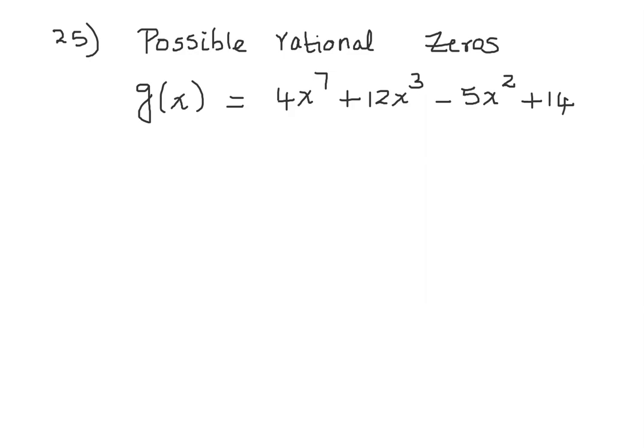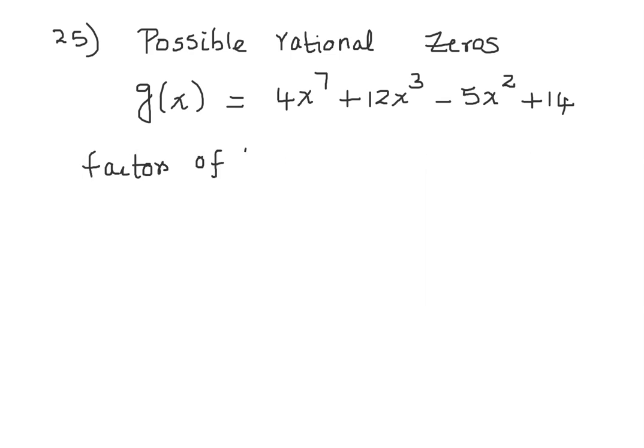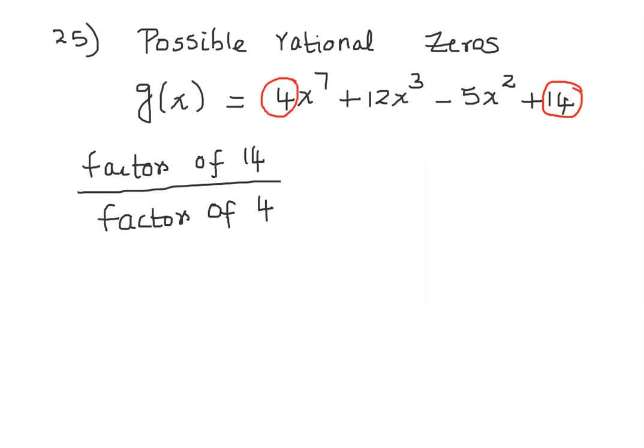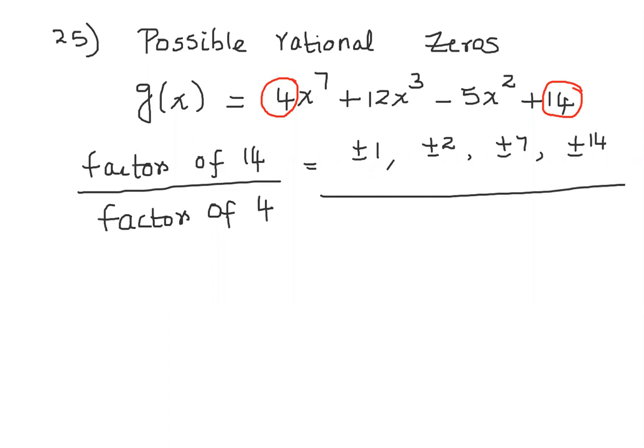So the same thing, we have to first write the factors of the constant, which is 14, over factors of the leading coefficient, which is 4. So we write all the factors of 14 with commas over factors of 4.